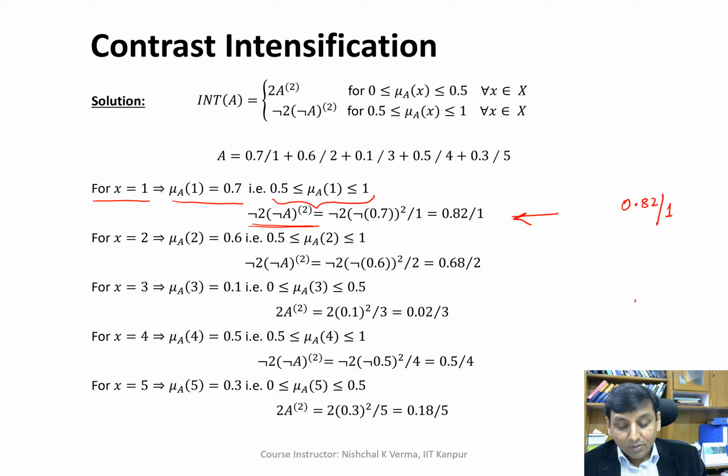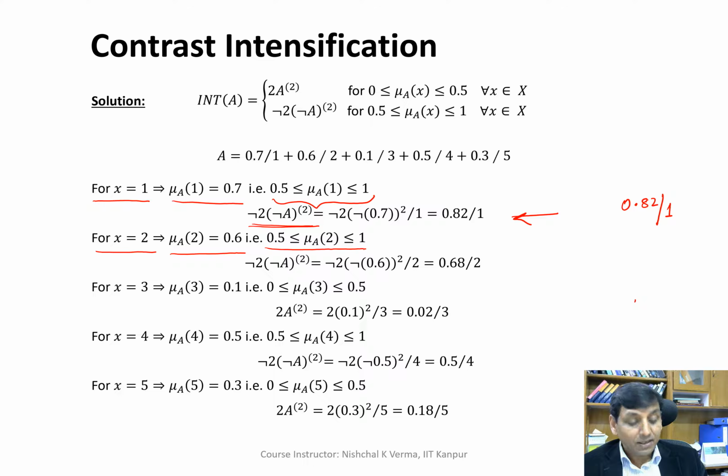Similarly, for x is equal to 2, that is mu A of 2, which was given as 0.6. Since this is 0.6, it is very clear that it is lying within this range where mu A is more than or equal to 0.5 and less than or equal to 1.